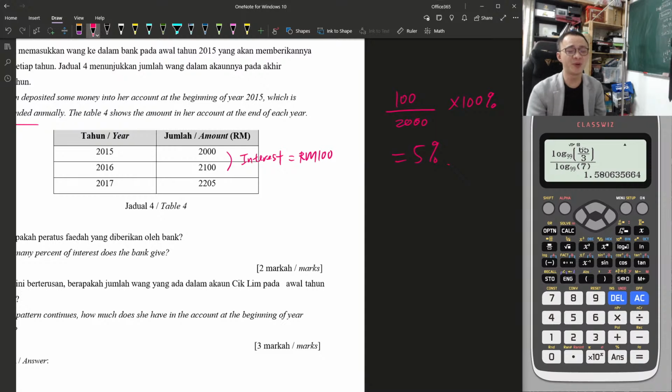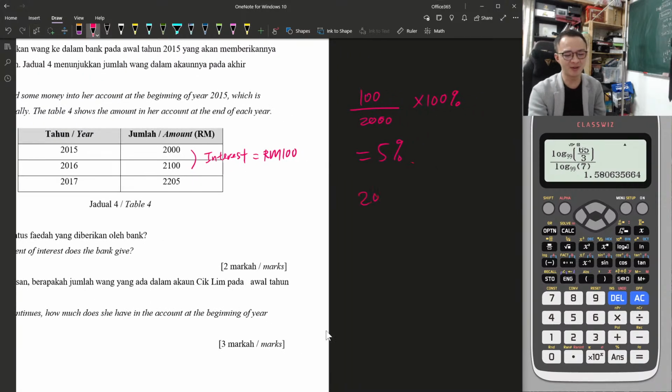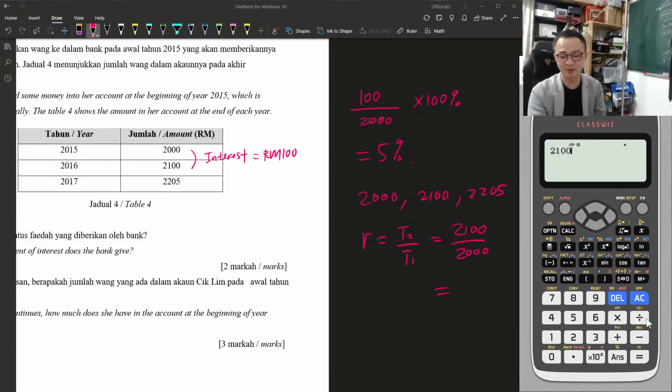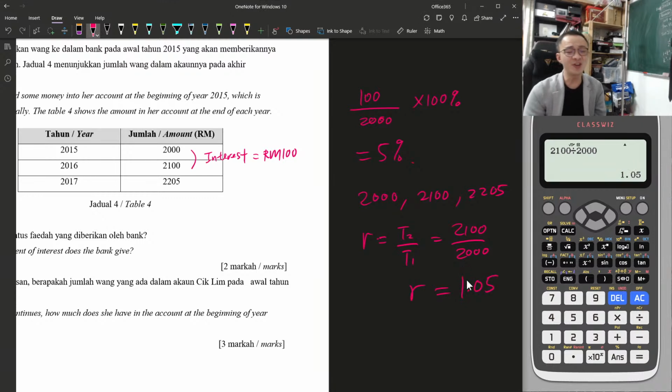But if you prefer to use the progression method, this is 2000, this is 2100, this is 2205. We know we can find the R by doing T2 over T1. You can also do 2100 divided by 2000. But over here, you will get 1.05. We know R is 1.05 doesn't mean it's 105%, right?